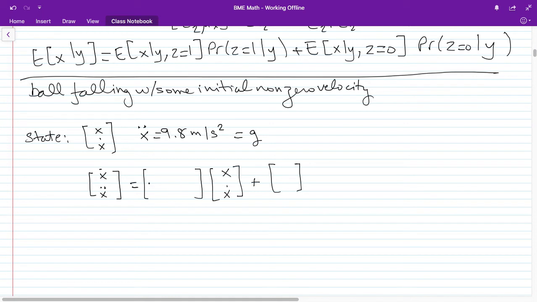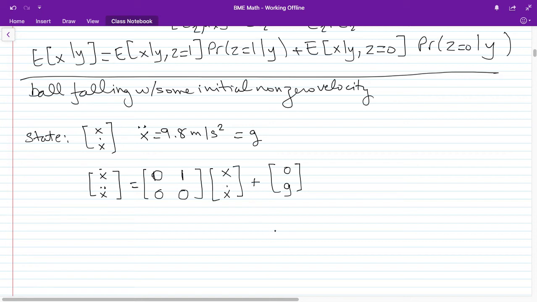So we want to write the equations of motion of the system. So let's begin with velocity. I'm going to have a 0 and a 1 here. I'm going to have a 0 and a 0 here. I'm going to have a 0 and a g here. So what I wrote is that velocity is equal to velocity plus 0. Acceleration is equal to 0 plus g.